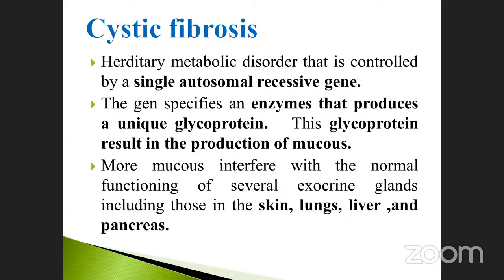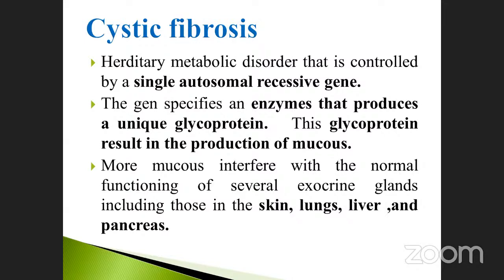Here the particular gene is responsible for the synthesis of the enzyme and also the unique glycoprotein. Glycoprotein is also a complex protein. This glycoprotein results in the production of mucus.